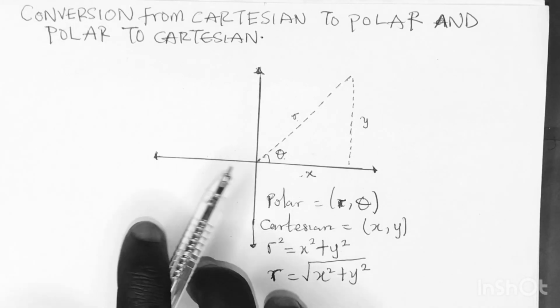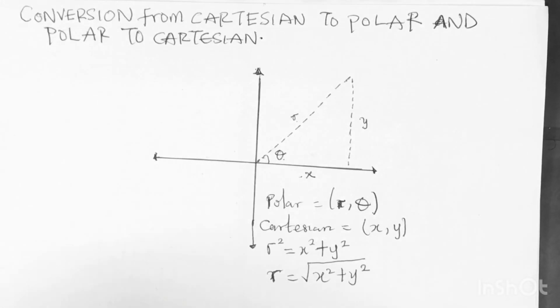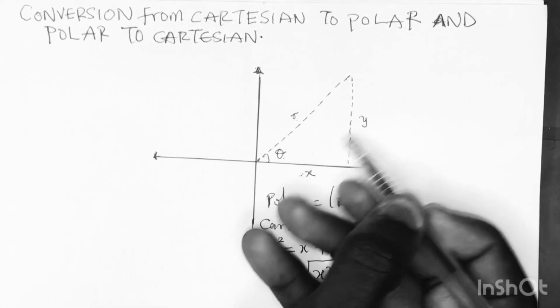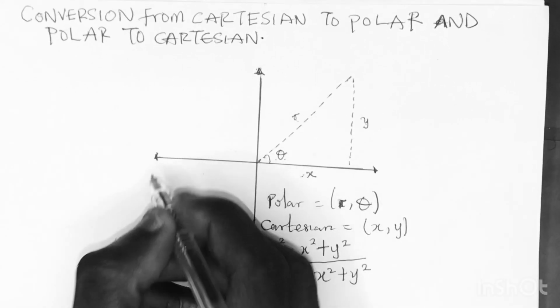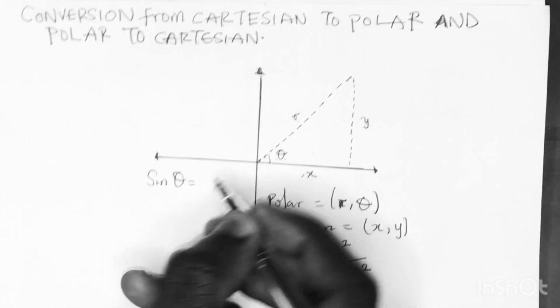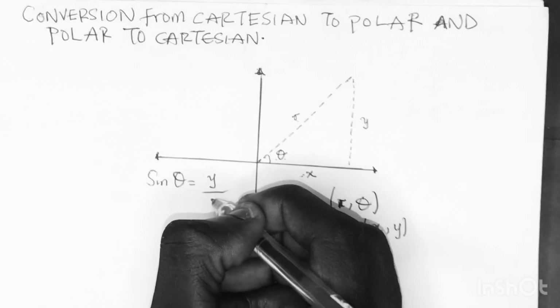Now, how will I get my x and my y? Using the normal rules we know, to get my y, I'm going to use opposite over hypotenuse. So that is sine. Sine theta equals opposite, which is y, over hypotenuse, which is r.